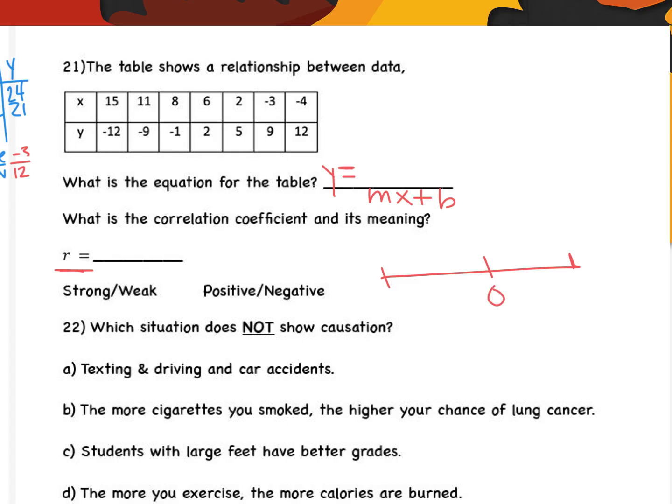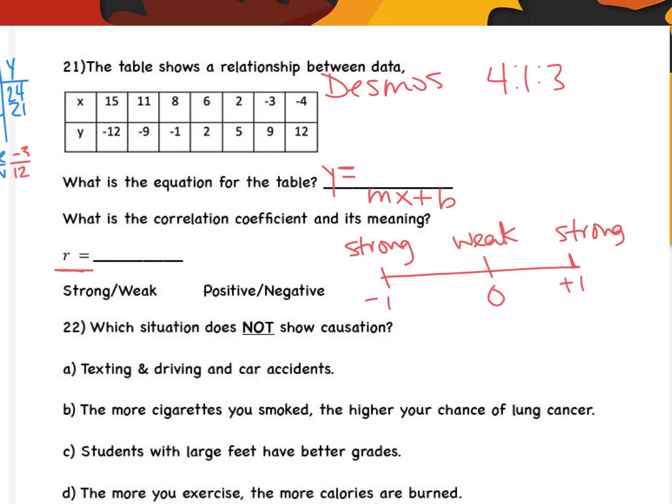And we said we had a number line from -1 to +1, and we said if it's close to a negative or a +1, it is strong because those dots are really close to our line, and if it's closer to 0, it's weak. So you're going to need to, there is no other way to do this. You're going to need to use Desmos, or you're going to need to do 413 to get this equation and to get this R value.